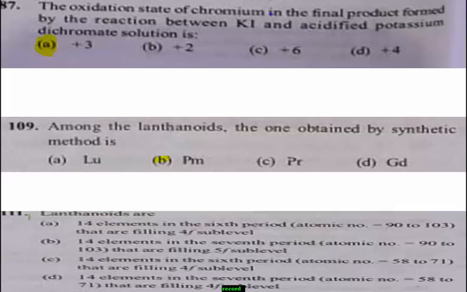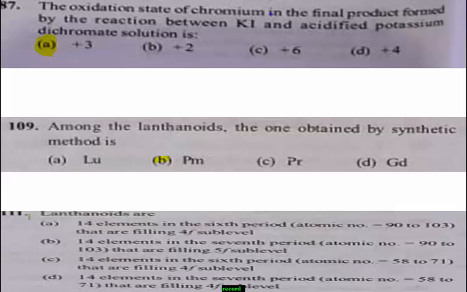Which one is the right answer? Students, remember, lanthanides are 4f series elements. We know they start from cerium, atomic number 58, to lutetium, atomic number 71. This concept we know from theory class. These are placed in the 6th period and in 3rd group.